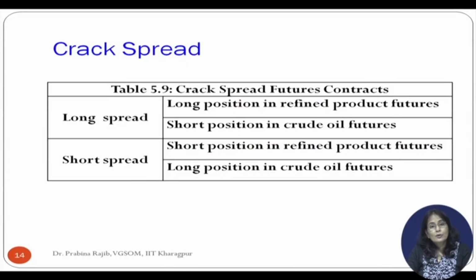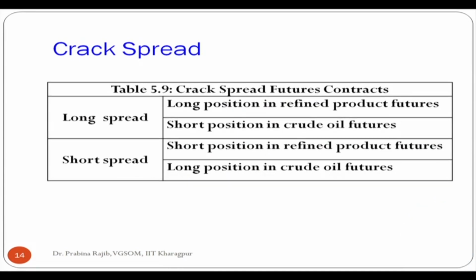In a short spread, you have a short position in refined product futures and a long position in crude oil futures. As I have mentioned, crack spread futures contracts are not available on Indian exchanges; they are available on US exchanges. If you want to learn more about how companies use them, you can visit the CME website.